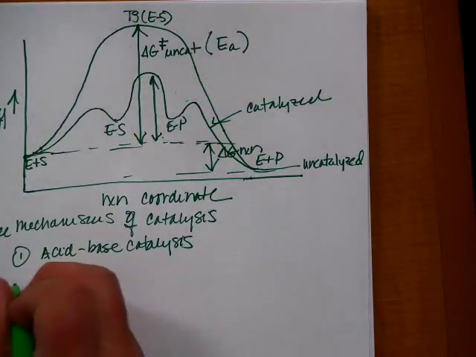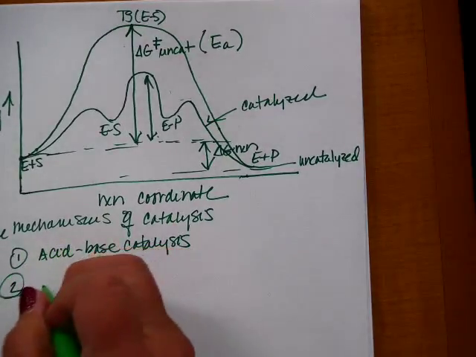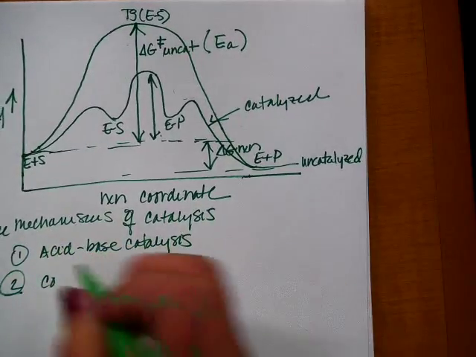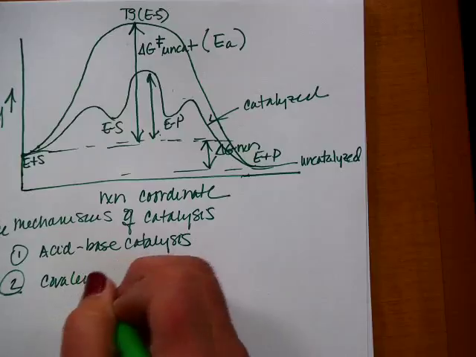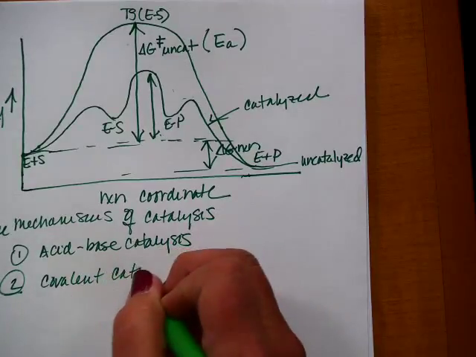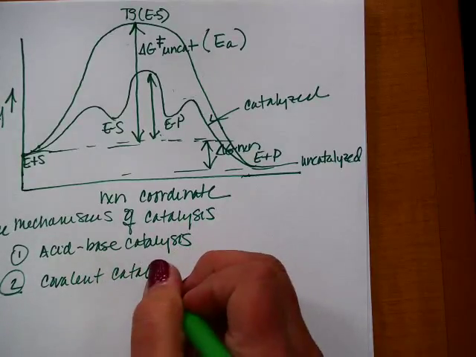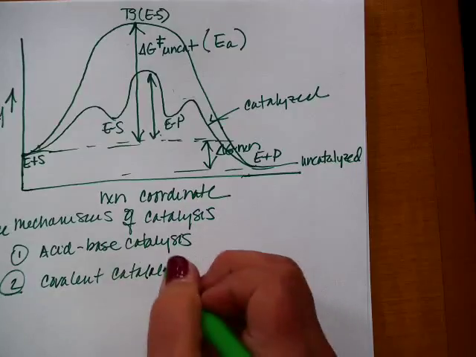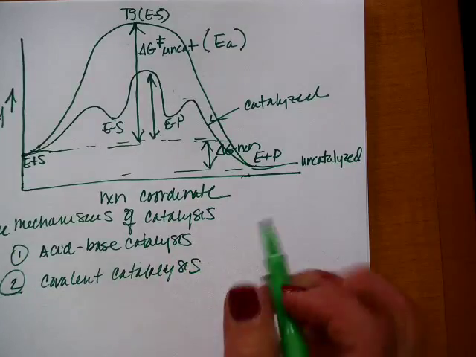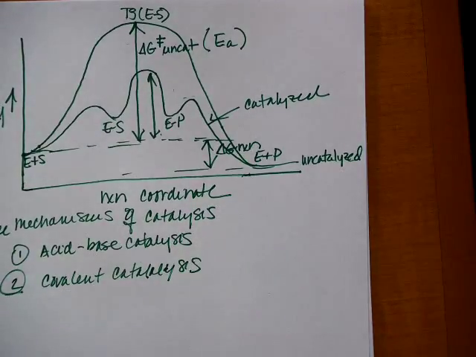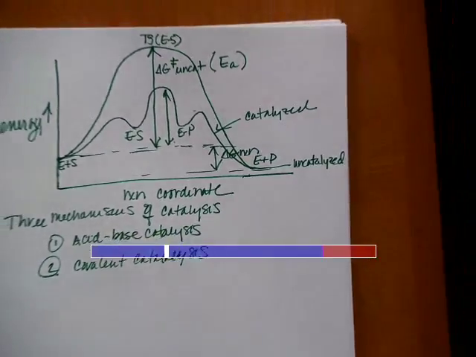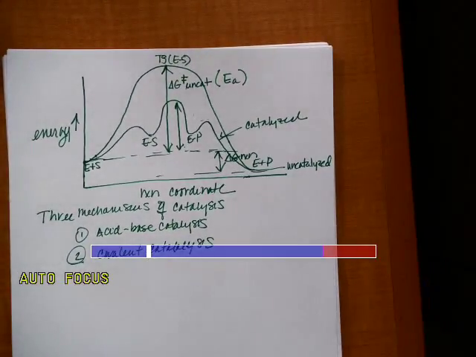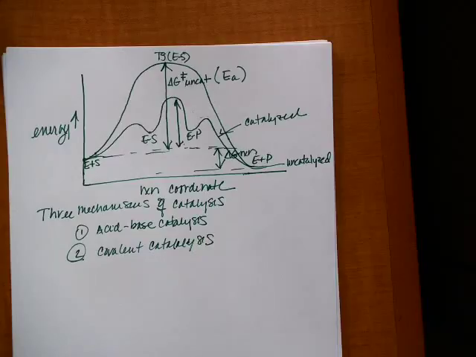So that was acid-base. The second mechanism is covalent catalysis. And this is actually going to be a result of an actual covalent interaction between that enzyme and substrate that stabilizes it.